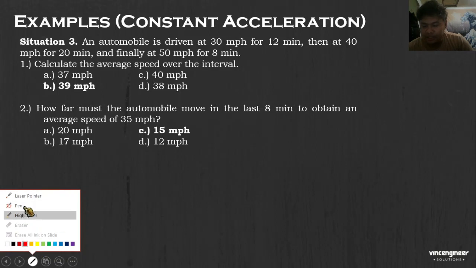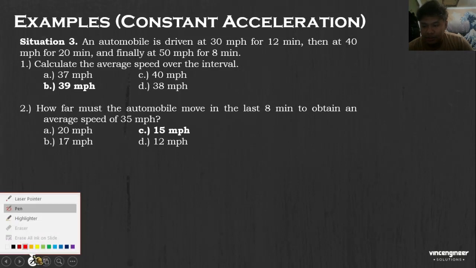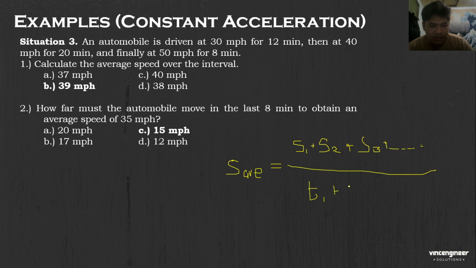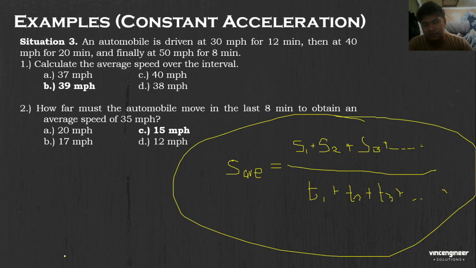So what we are looking for is the average speed, which equals S1 plus S2 plus S3 and so on, over time 1 plus time 2 plus time 3 and so on. So first, we have the formula for average speed.